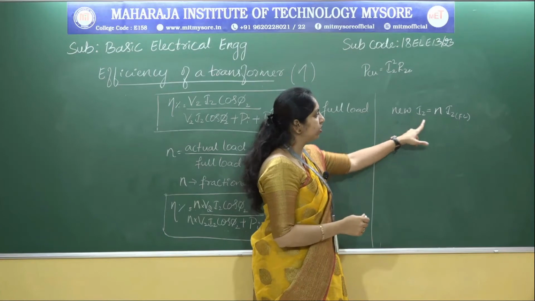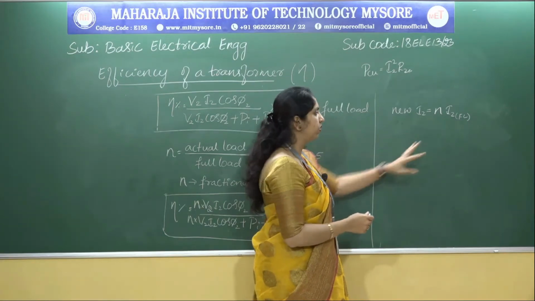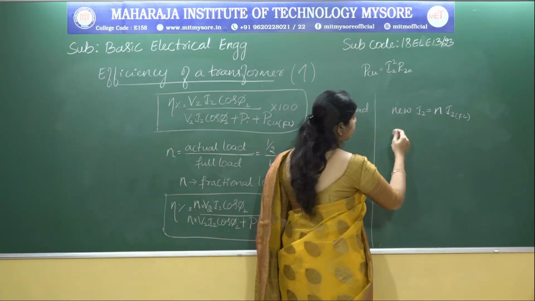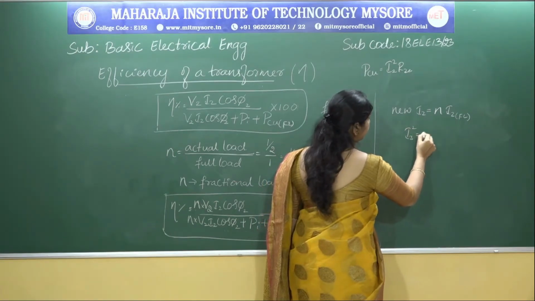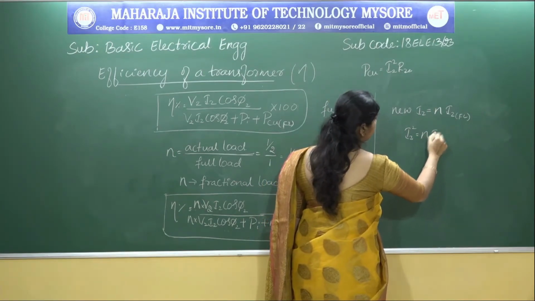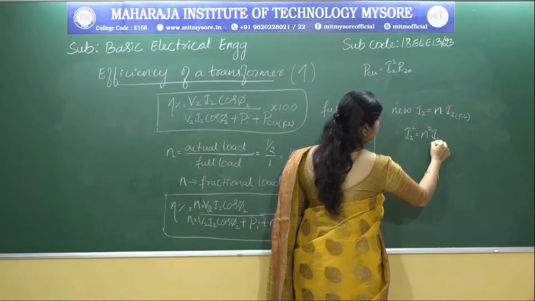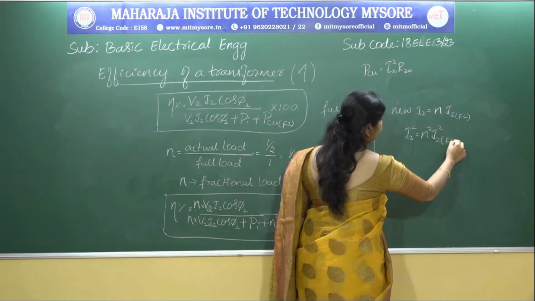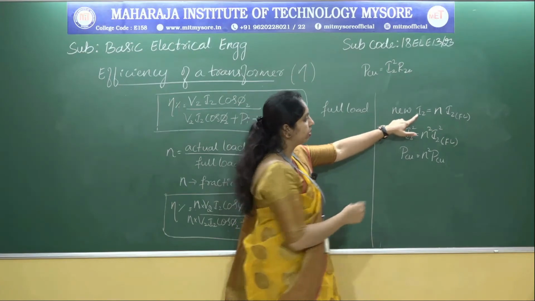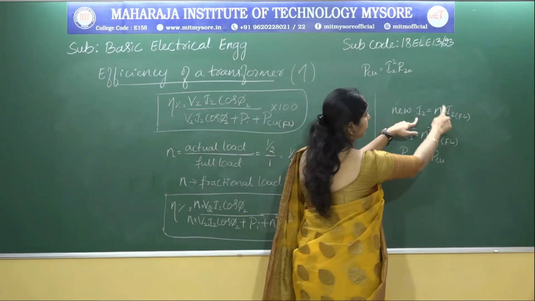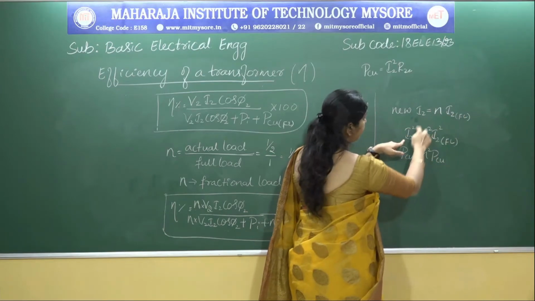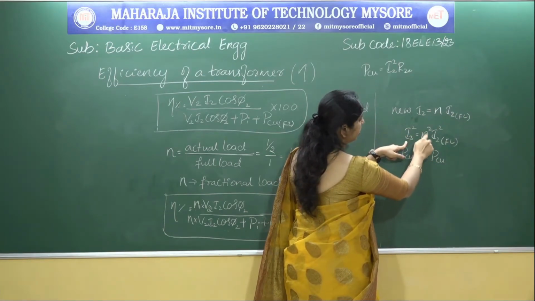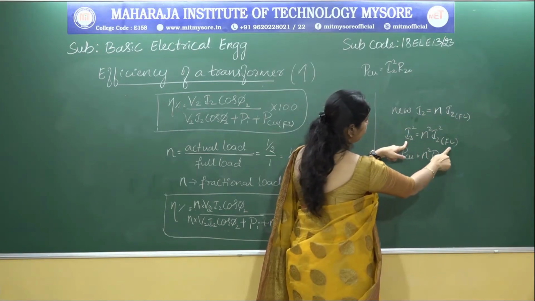So I2 is equal to n into I2 full load. If we square this, we get I2 square equal to n square into I2 square full load.